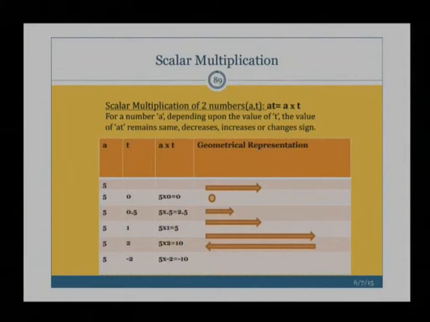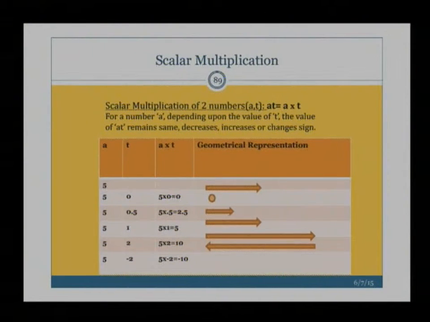Before multiplication, I want to give a general representation of scalar multiplication. Suppose you have a 5, if you multiply with 0, what will happen? This 5 will become 0, and if you multiply 5 with 5, it will increase its length 5 times, it will reach 25.